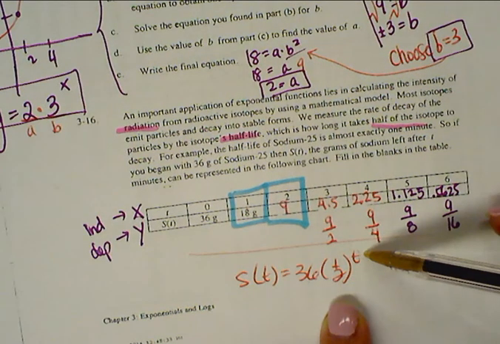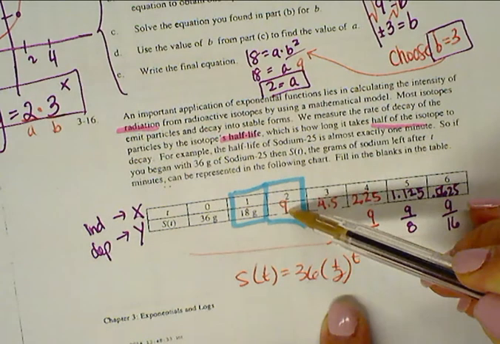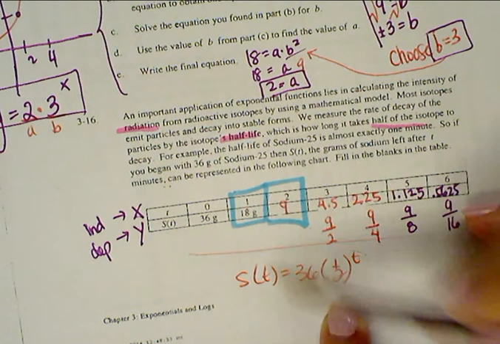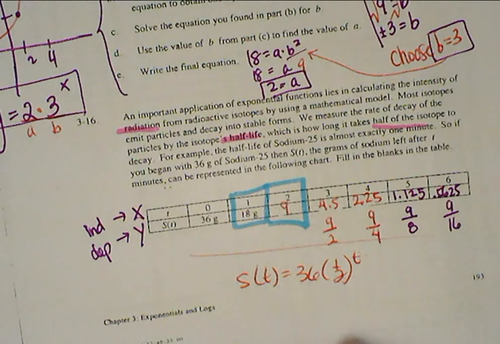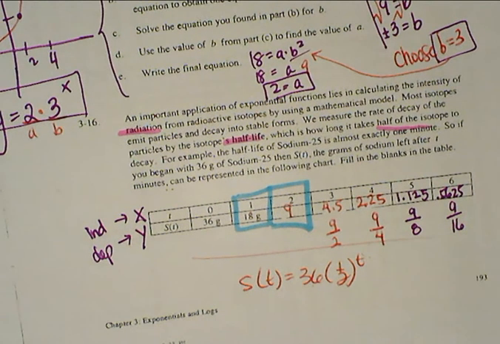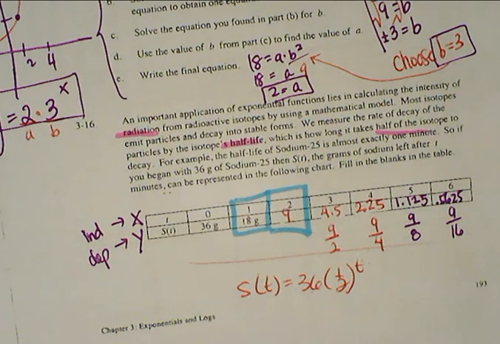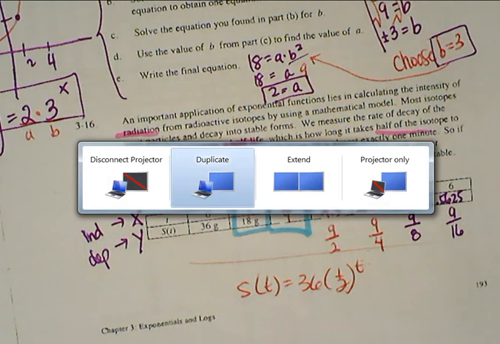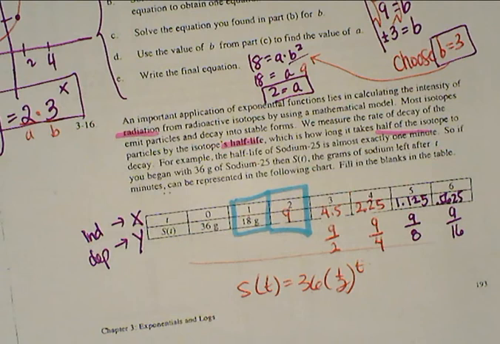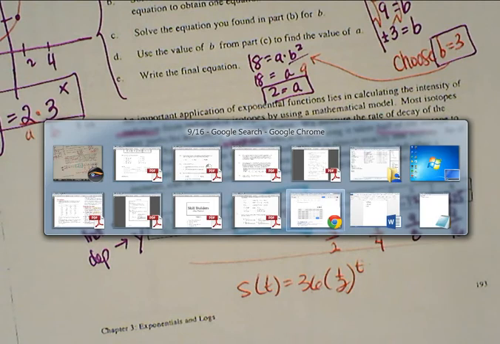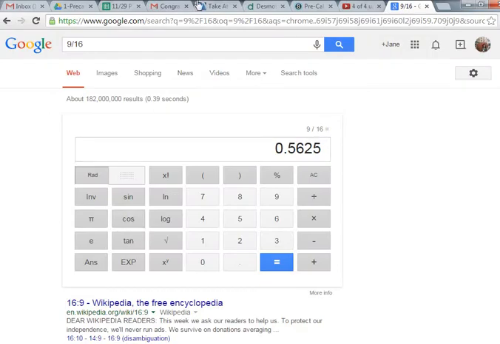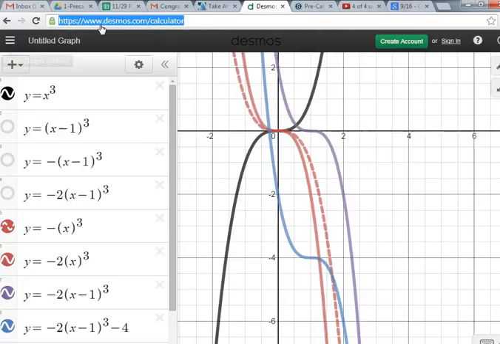Okay? In case you're curious, because I know you guys are, let's see what it looks like when graphed. Don't mind me and all my windows. Okay, so Desmos, you guys know what it should look like if my b, a regular exponent looks like, right? We're all cool with the parent graph? Let's unclick all these guys, because that was from a different lesson.